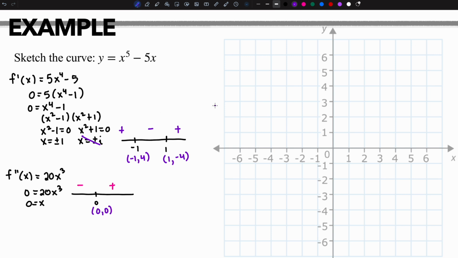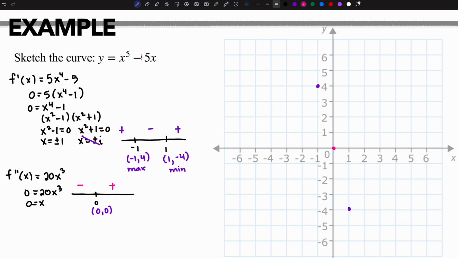So I know that at negative 1, 4, that is going to be a max, because it goes from increasing to decreasing. And at 1, negative 4 is going to be a minimum, because again, it went from decreasing to increasing. And then at 0, 0 is where it changes from concave down to concave up.